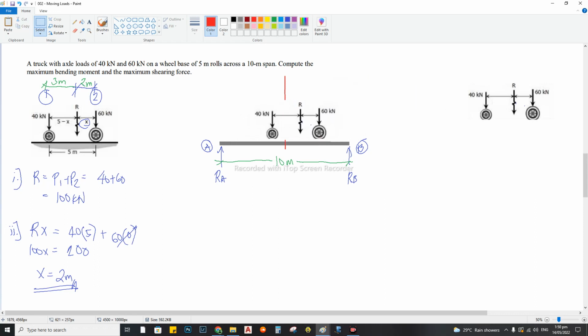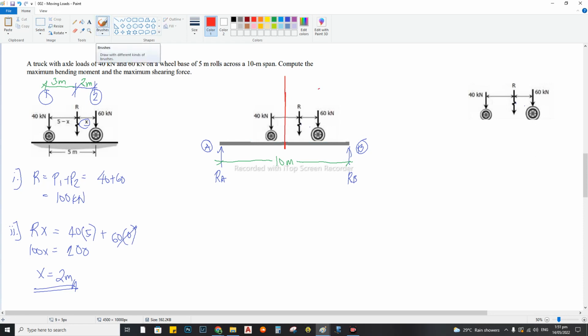So ato na siyang iyan na ipatunga. So again, ang 40 kilonewtons, yung distance ni R is 3 meters. So gipatung-an daw kuno siya sa center line.